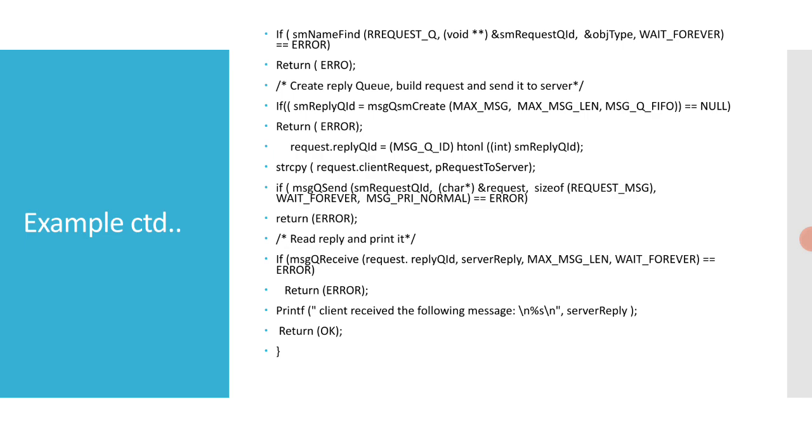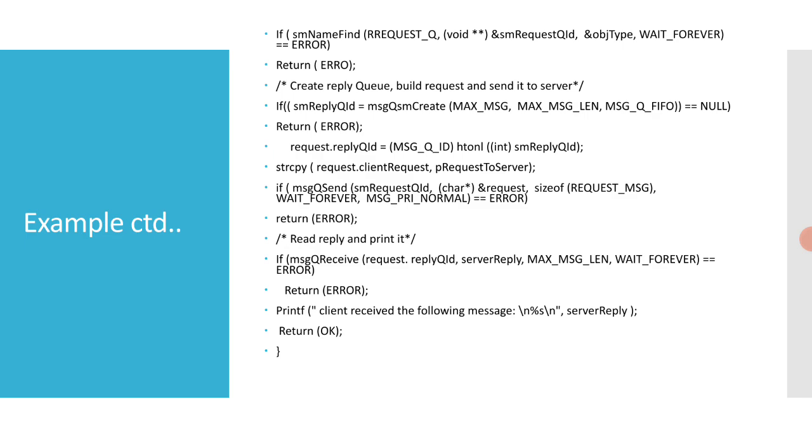So I repeat, in the whole code, two tasks executing on different CPUs use shared message queues to pass data to each other. The server task creates the request message queue, adds it to the name database, and reads a message from the queue. The client task gets the SM request queue ID from the name database, creates a reply message queue, bundles the ID of the reply queue as a part of the message, and sends the message to the server.